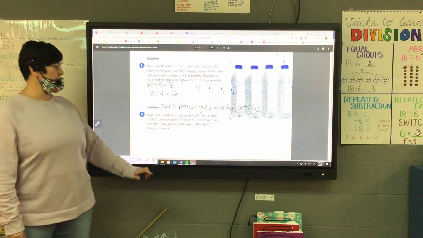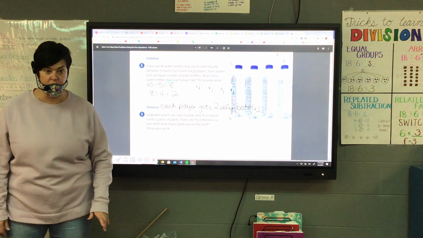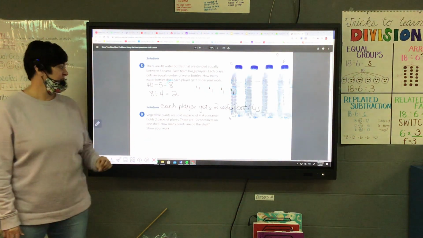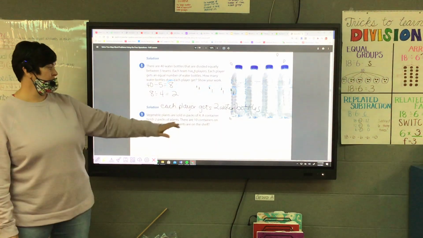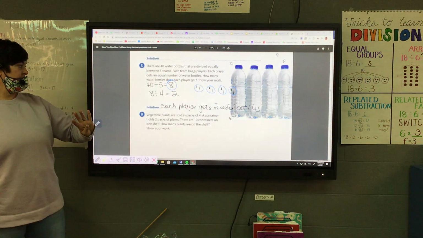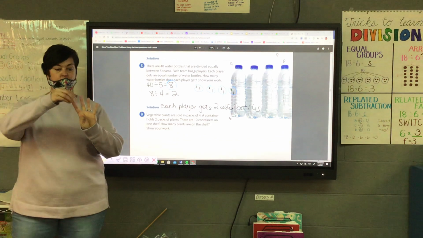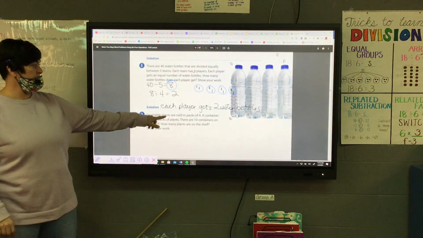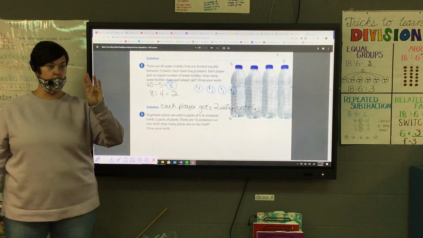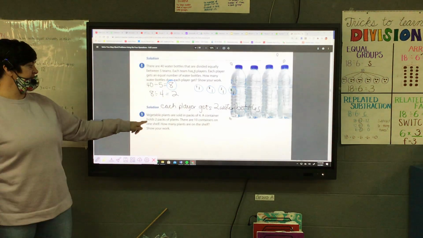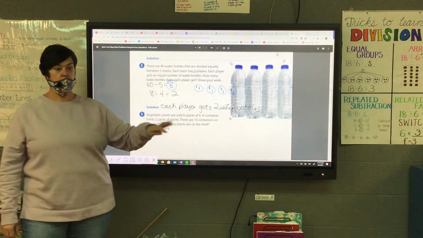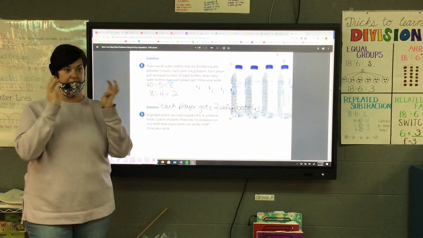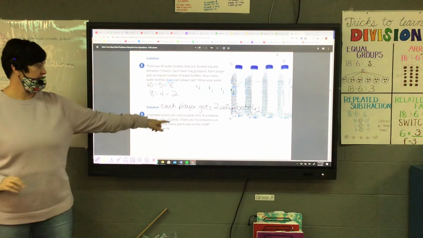Now, it doesn't want to know how many packs are on the shelf, right? How many plants? Okay, so they're sold in packs of 4. So that means there's 4 plants in a pack, right? A container holds 2 packs. So 2 packs of 4, right?